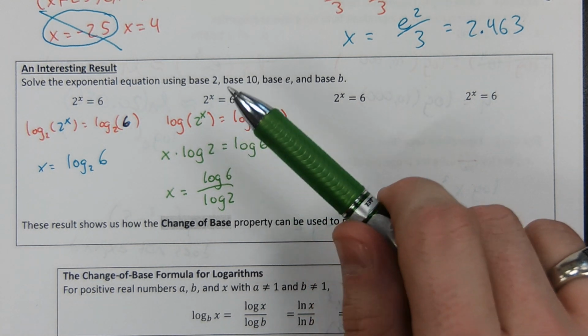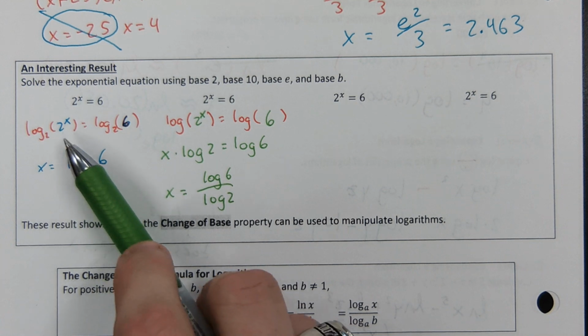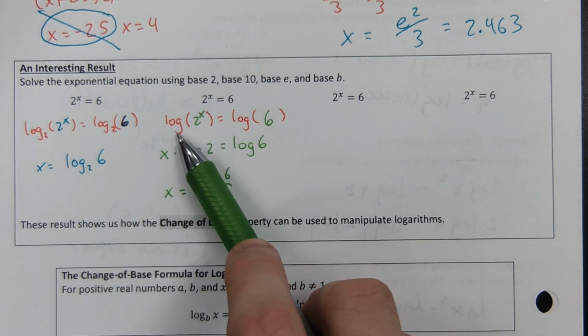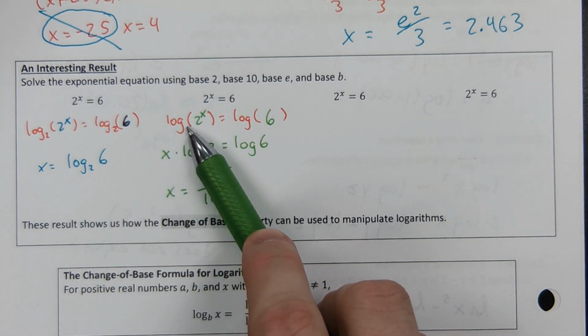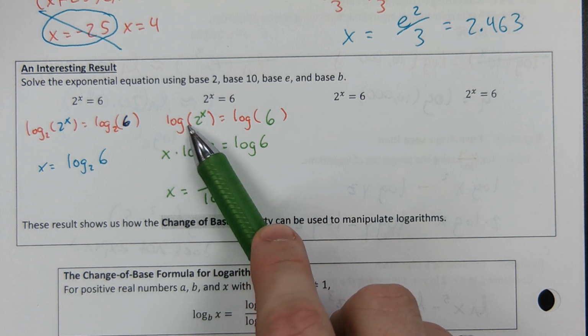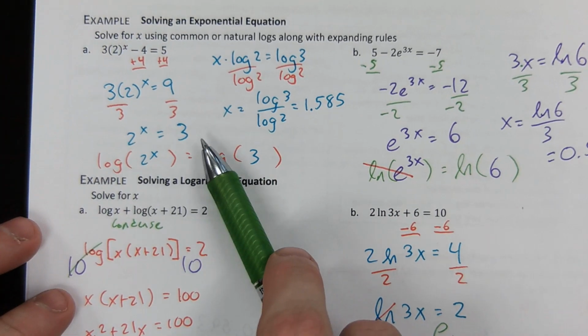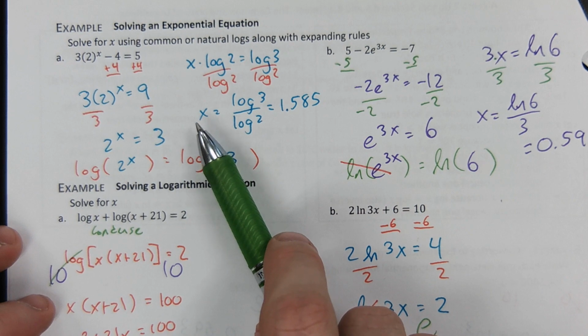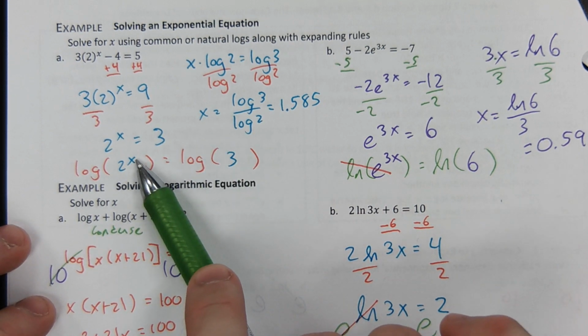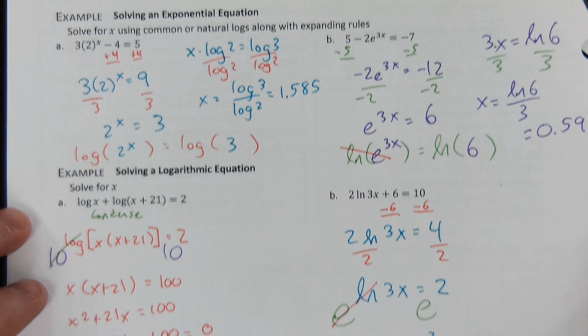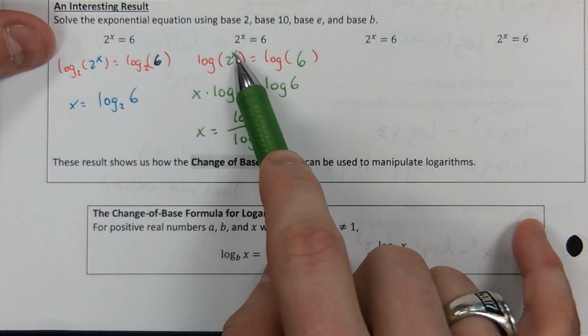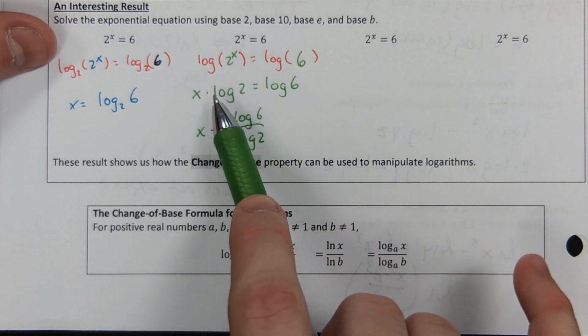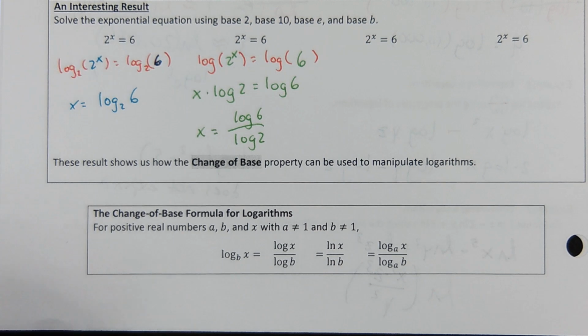Aren't you supposed to log base 2? That's what I did here. But here I'm solving using the common log. So this is base 10, just like we did up here. So I just used log base 10 of both sides and expanded it to get the x out of the exponent position. See, I brought it out to the front. And that allows me to divide by whatever this number equals.